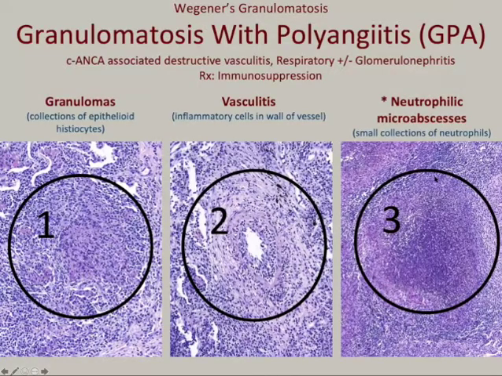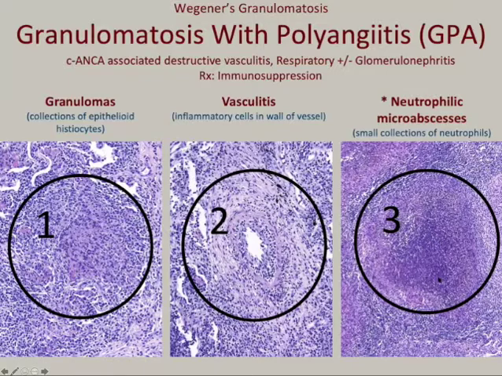We have some midline destructive diseases of the nose, typified by Wegener's granulomatosis, now called granulomatosis with polyangiitis, which, as you know, is ANCA associated. These patients get treated with immunosuppressive agents. The triad here is poorly formed granulomas, vasculitis, and neutrophilic microabscesses.